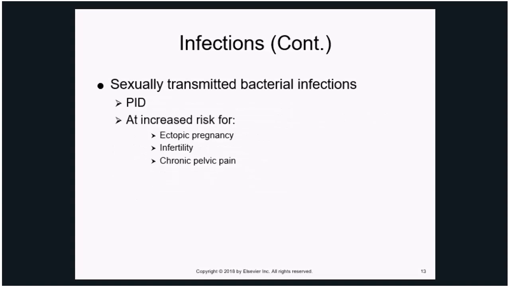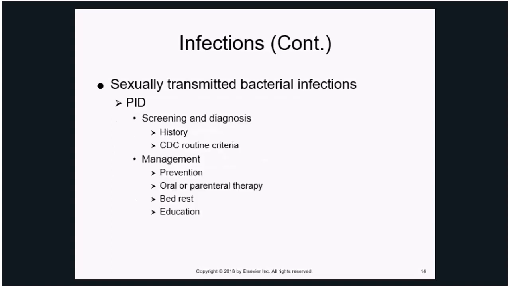PID carries an increased risk for ectopic pregnancies, infertility, and chronic pelvic pain. Screening and diagnosis is done with history and CDC clinical criteria. Management is prevention, oral or parenteral therapy, bed rest, and education on the disease.